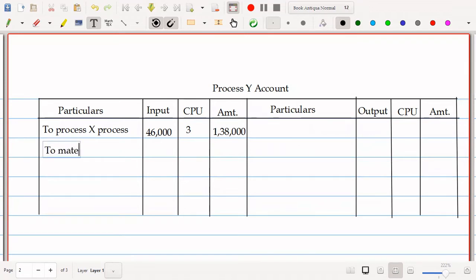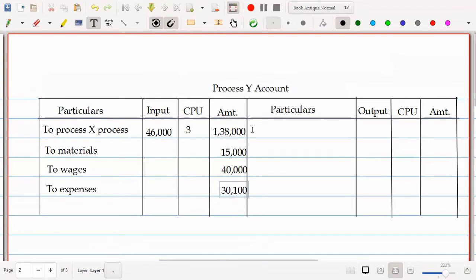To materials 15,000. To wages 40,000. And to expenses 30,100.